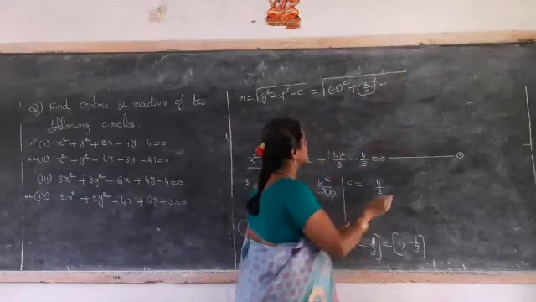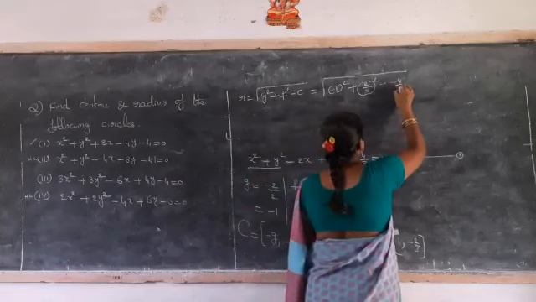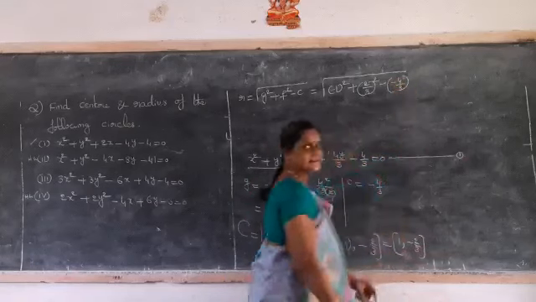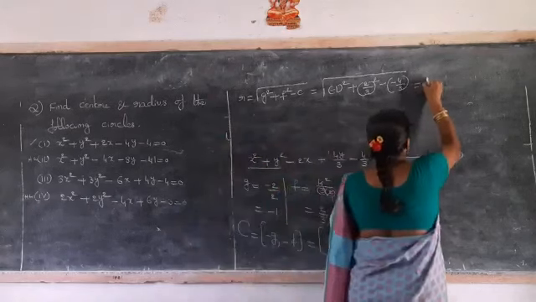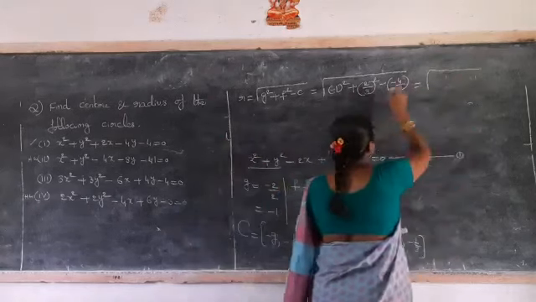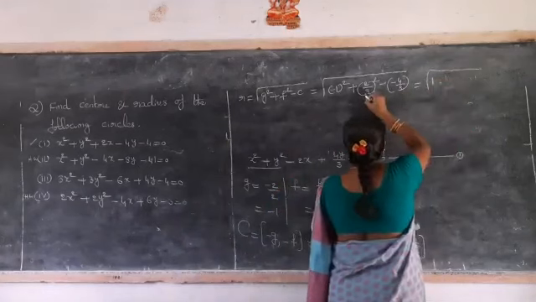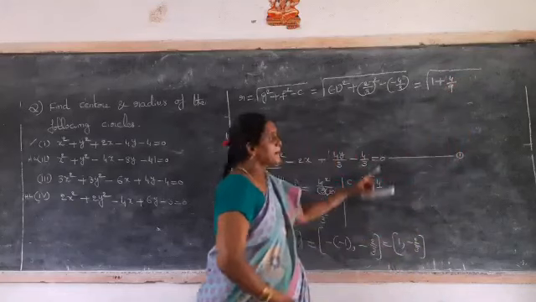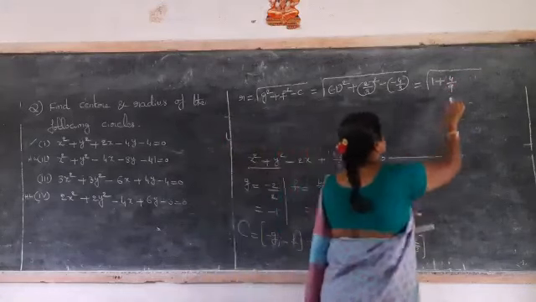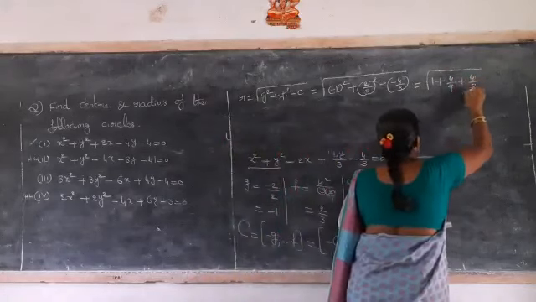So c is equal to minus 4 by 3, minus of minus 4 by 3. Now we do simplification. It is equal to root of minus 1 whole square, that is 1, plus 2 by 3 whole square, that is 4 by 9, minus of minus 4 by 3, that is 4 by 3.